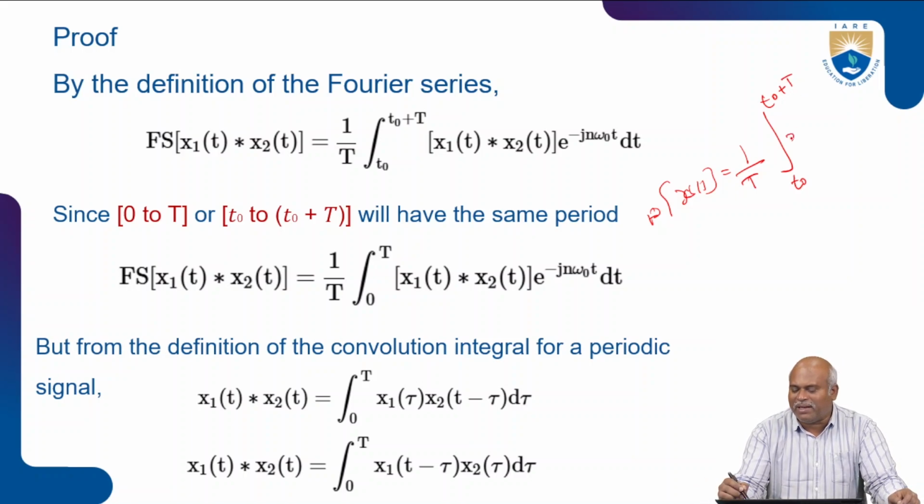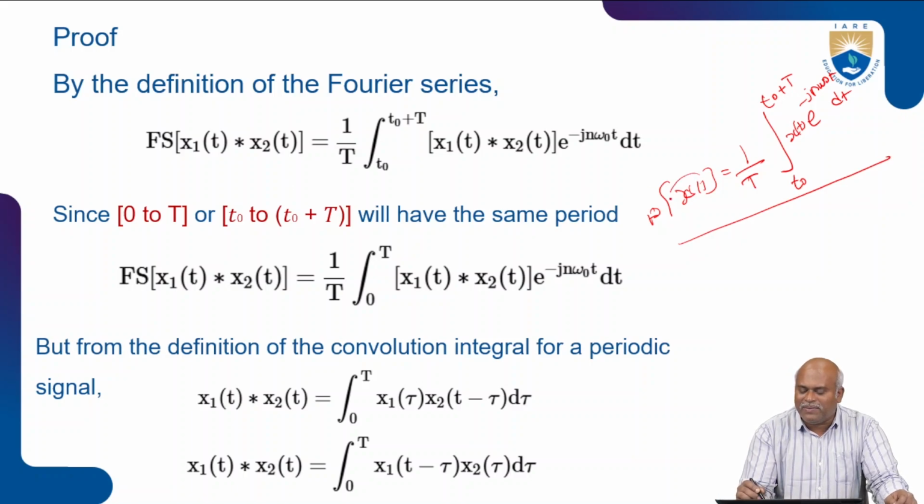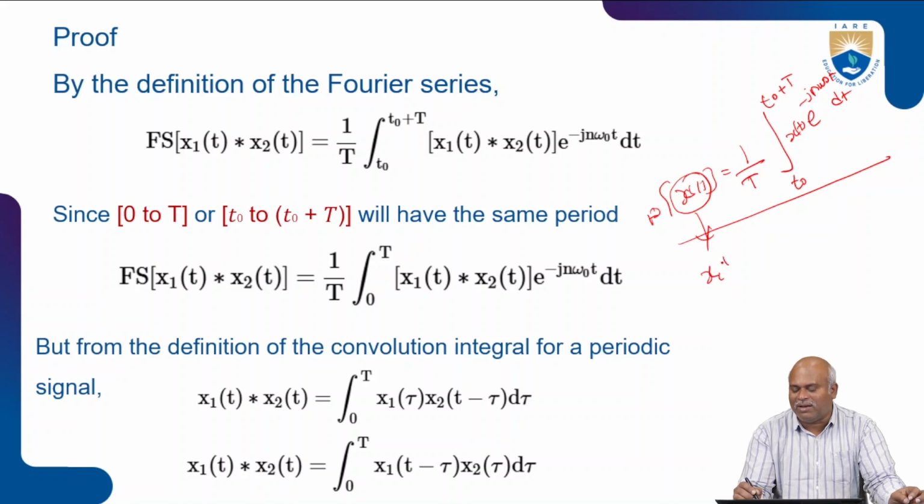Then we write x of t e power minus j n omega 0 t dt. In this case we replace x of t with the convolution signal. What is that convolution signal? x1 of t convolved with x2 of t.